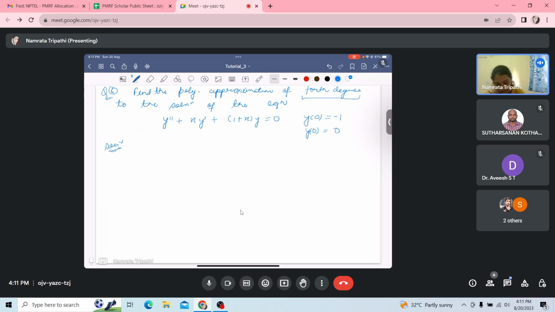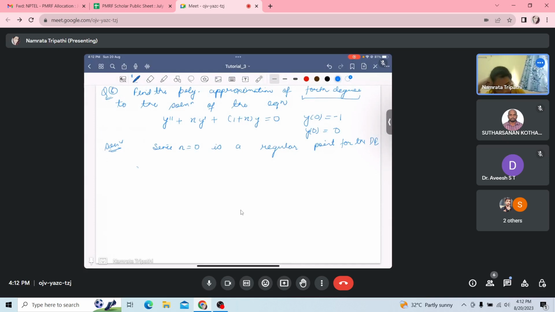So here x equals 0 is a regular point. Since x equals 0 is a regular point, a power series solution exists in the neighborhood of x equals 0.